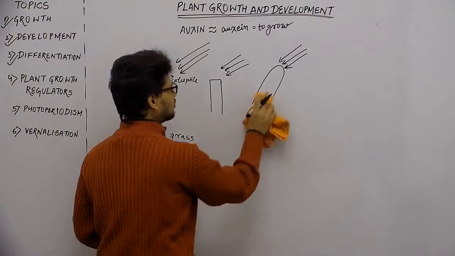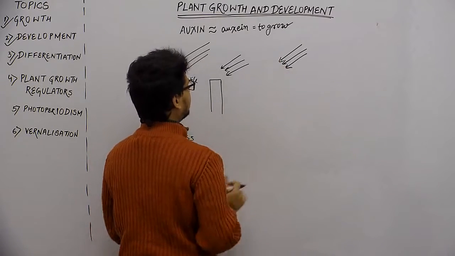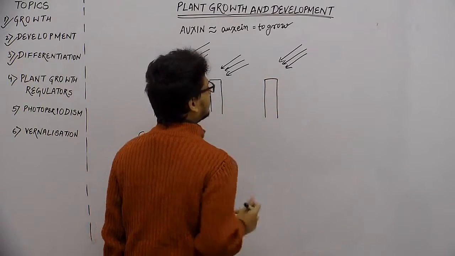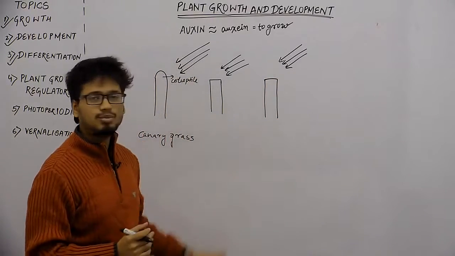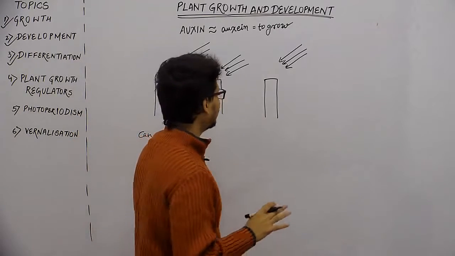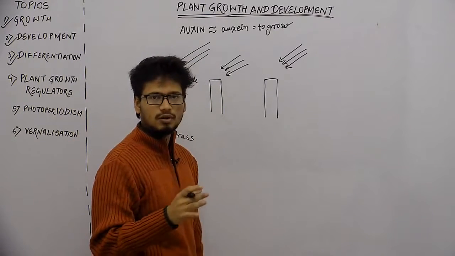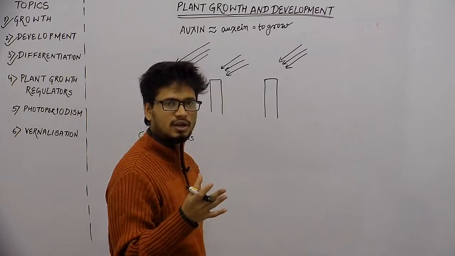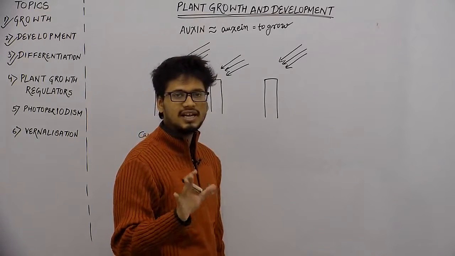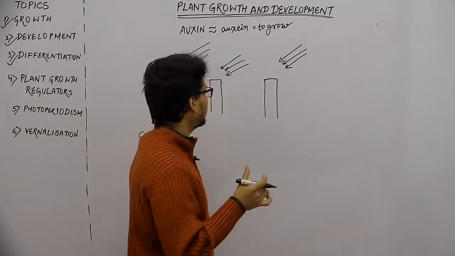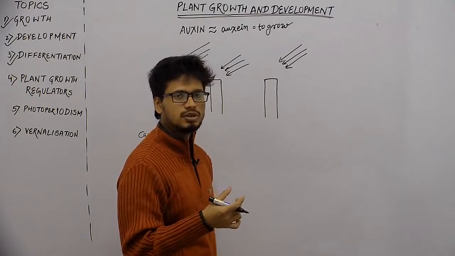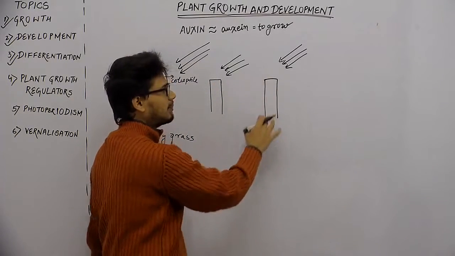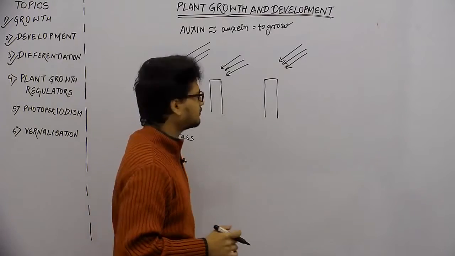The result was that the stump, or the remaining portion, did not bend at all. So the observation confirmed that it is the tip and the tip only on which some chemical is produced. They didn't have any idea what chemical is produced, but some chemical is responsible for bending. As soon as they removed the tip, there was no bending motion seen.